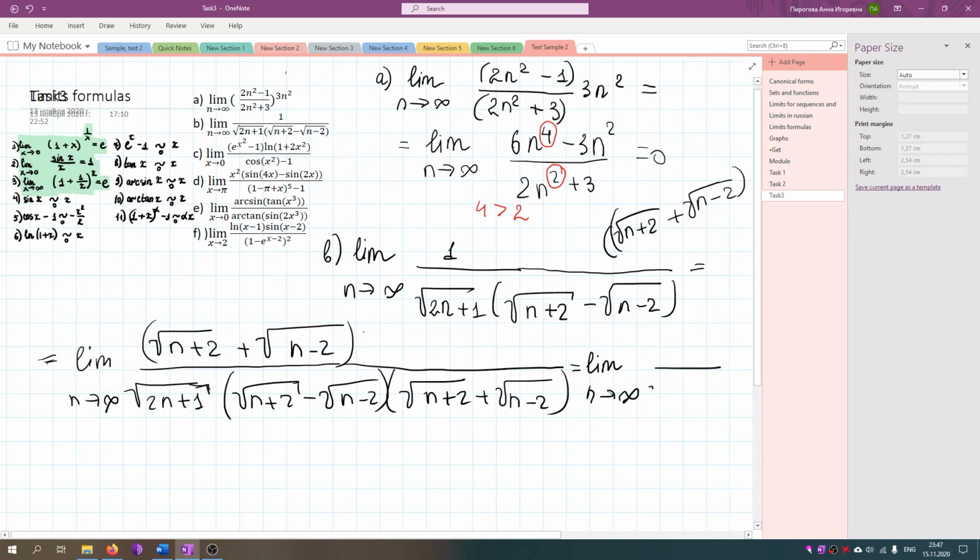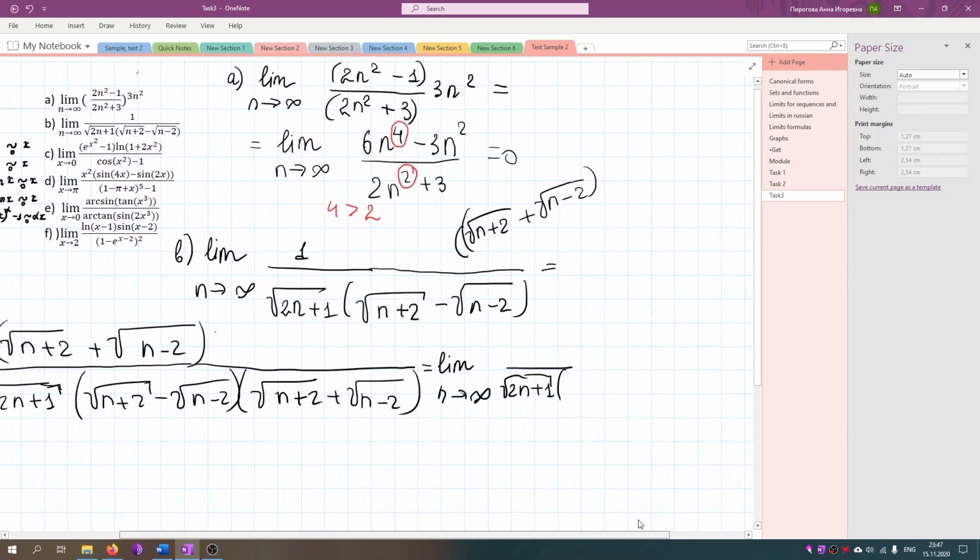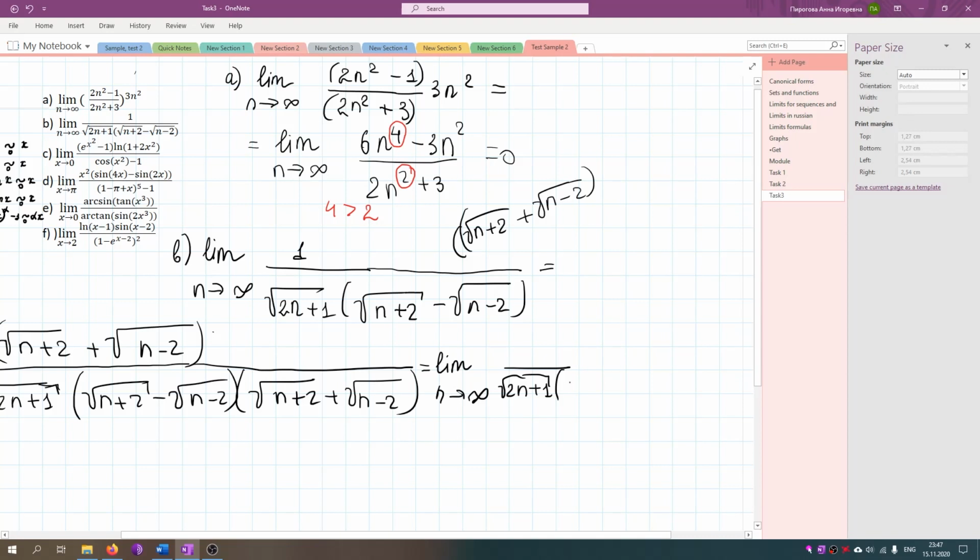In the bottom, we will have just two parts, and the second part will be n plus 2 minus n minus 2. And in the numerator, we have this.